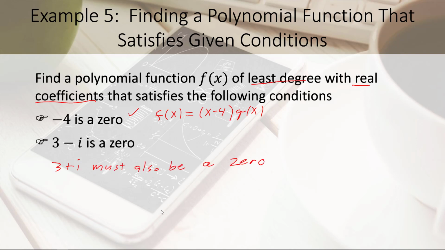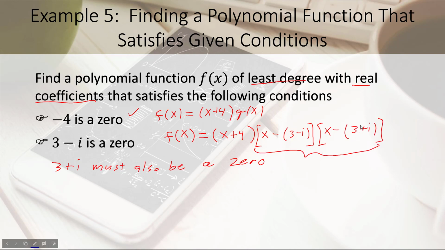And if that's the case, then f of x is going to be equal to the product of x minus 4, I wrote that wrong, times x minus this 0, 3 minus i, times x minus its conjugate, which would be 3 plus i. Okay, awesome.